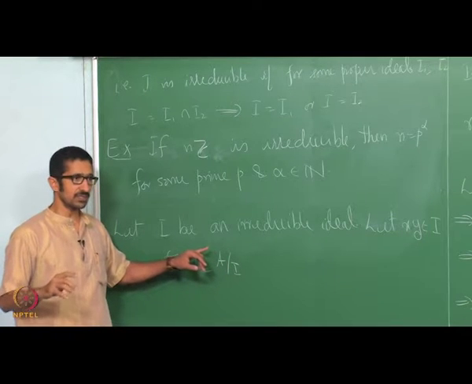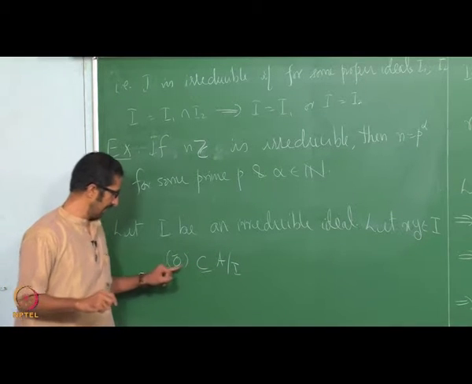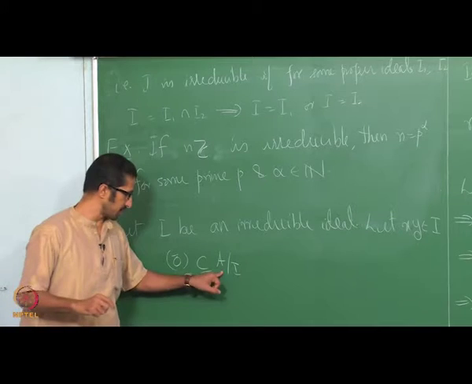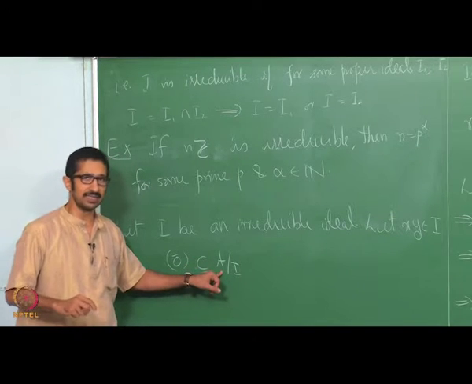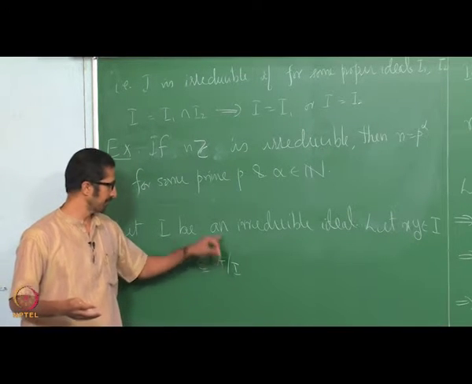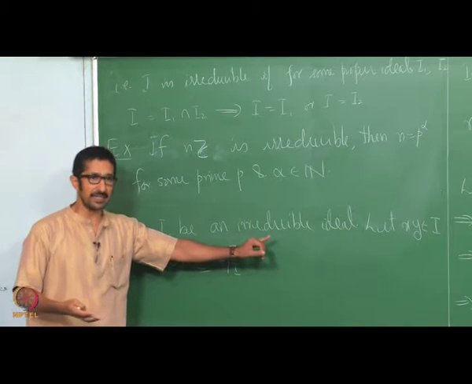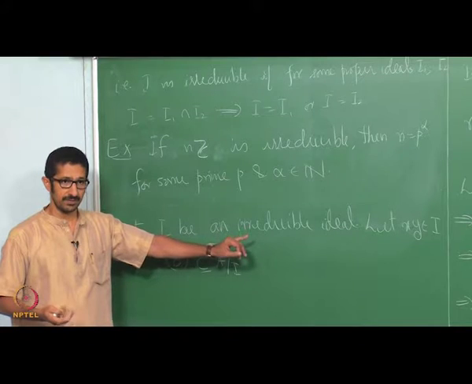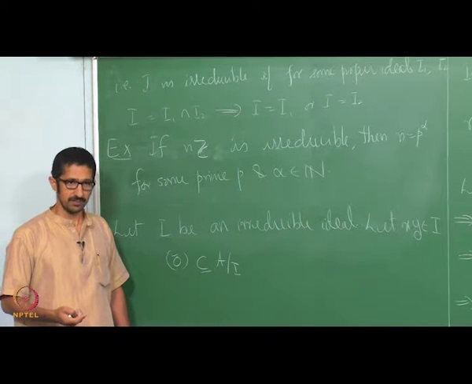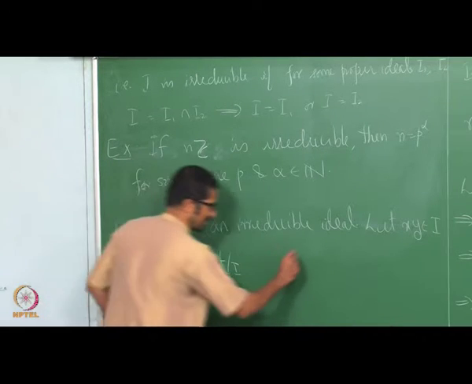Similarly the converse. So therefore 0 being irreducible or reducible in A mod I is equivalent to saying that I is irreducible or reducible in A.